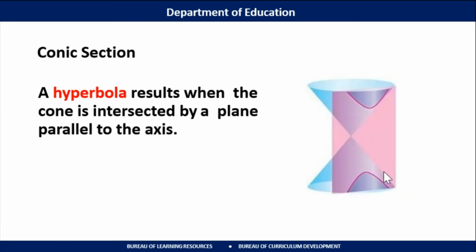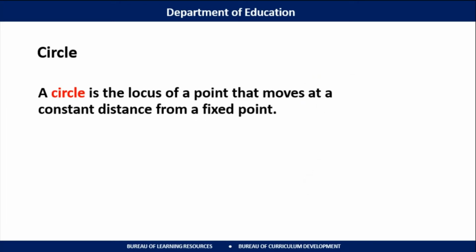So, medyo naka-slant siya. Next, a hyperbola results when the cone is intersected by a plane parallel to the axis. Ayan siya. So, parallel sa axis natin. And kapag hyperbola, dalawa yung napuform natin. So, isa sa taas and then isa sa baba.